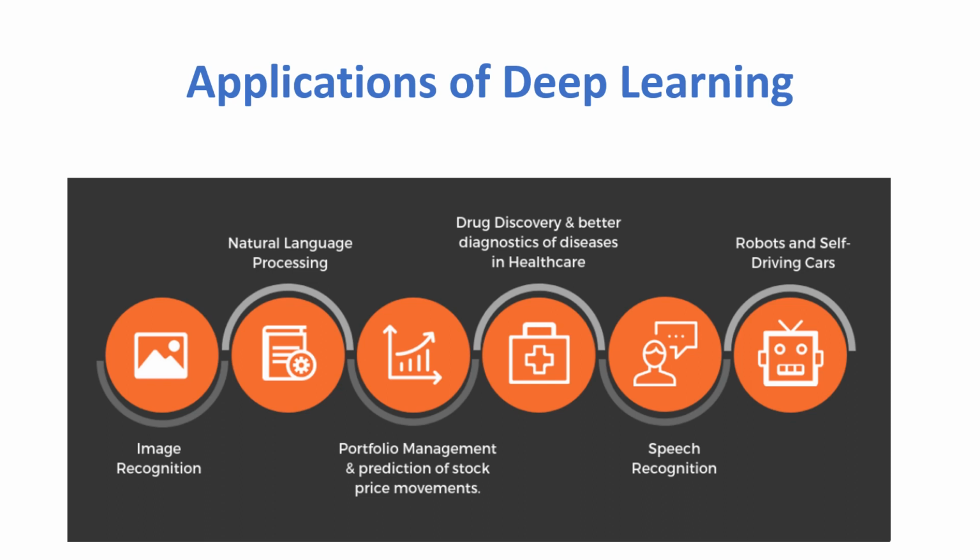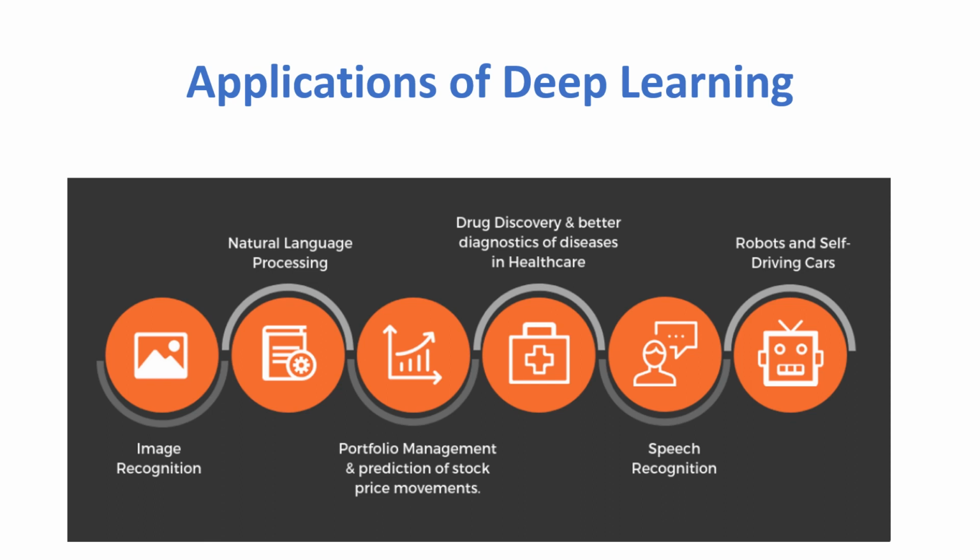So these are the applications of deep learning. There can be many other applications which are not covered in this slide, but to have a gist of it, we have image recognition. You can do face recognition. You can recognize a person or an animal or whatever. And in natural language processing, you can process text or speech.